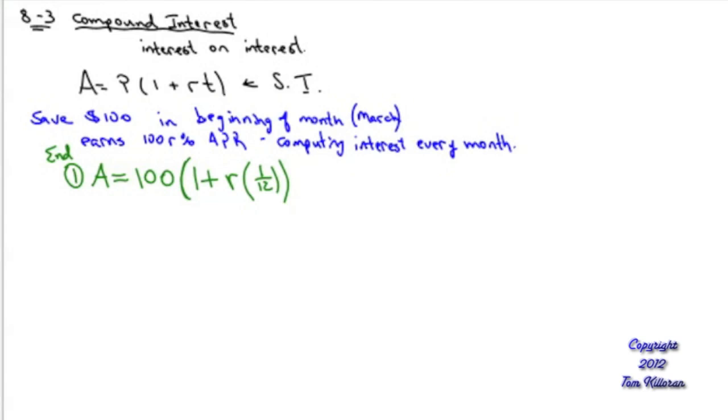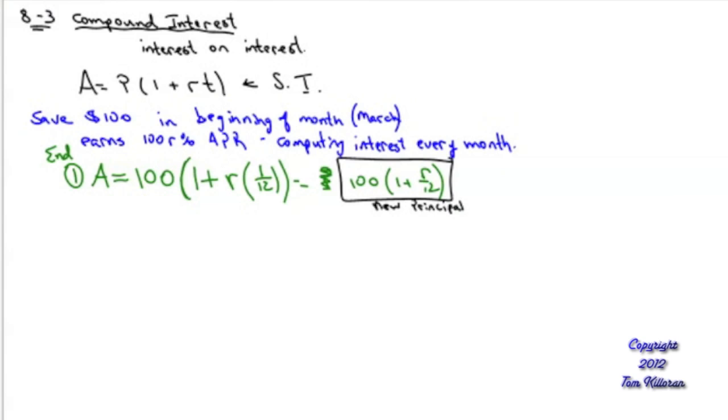Okay. So I can rewrite that as 100 times 1 plus R over 12. This number right here, this is my new balance, new principal.